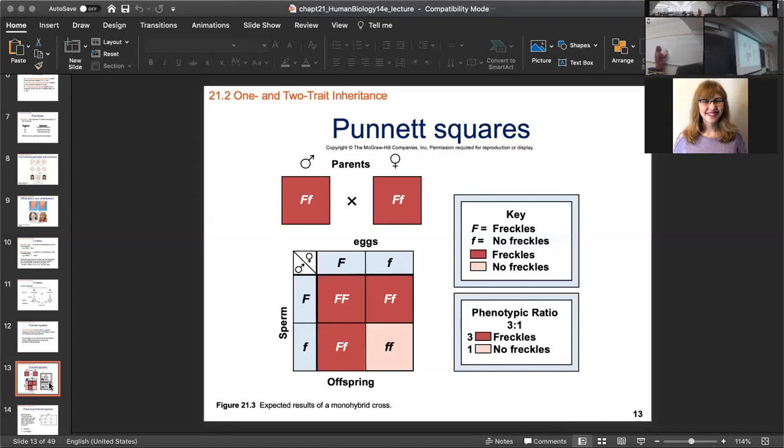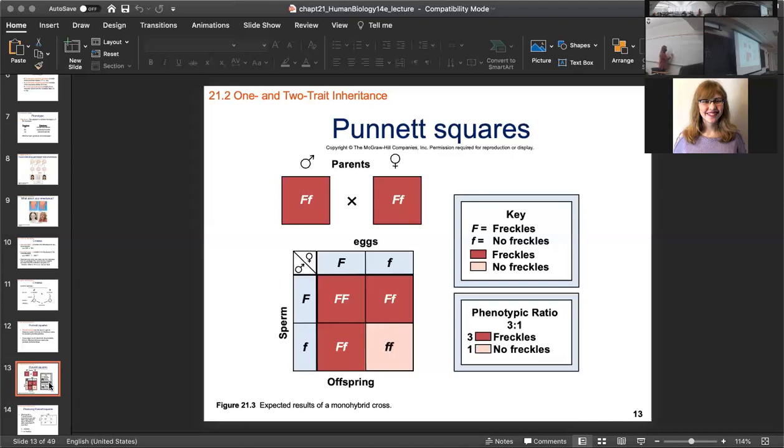Okay, a phenotypic ratio is showing how many of them have freckles. How many of the individuals have freckles? 3, yeah, thank you.